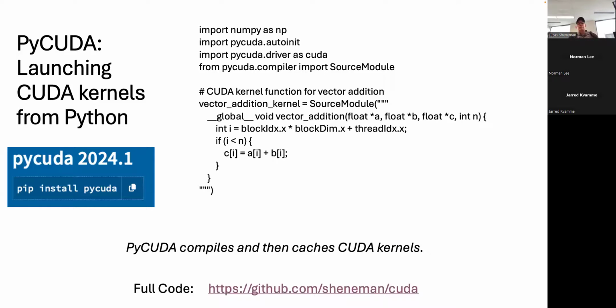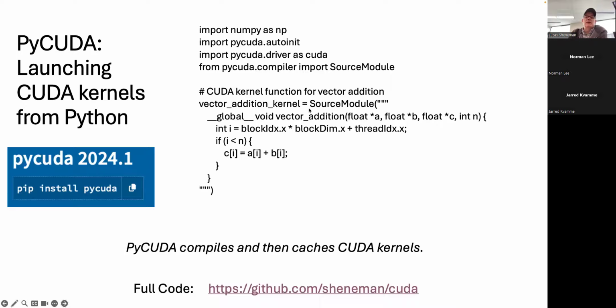So PyCUDA, just real quick, you just pip install PyCUDA, and then you install a couple of the packages that are required. But this is how you define a kernel for that. Basically you say, okay, I'm going to do vector addition. My vector addition kernel equals SourceModule, and then I just give it a string.